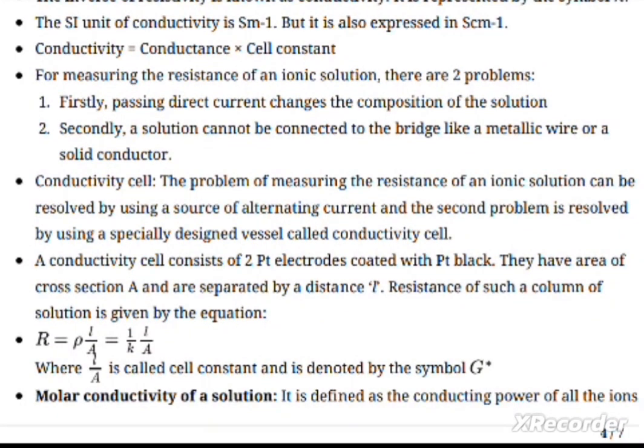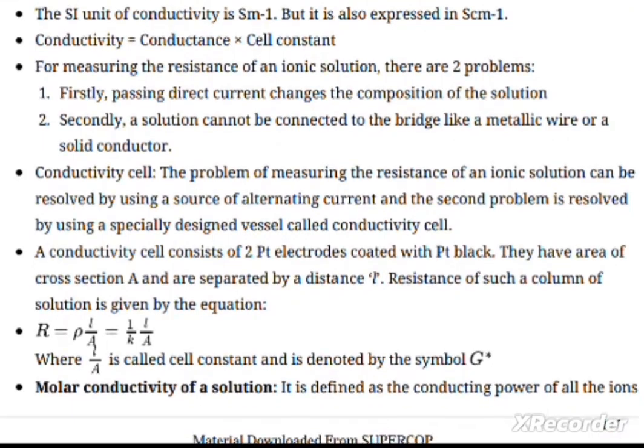What does conductivity cell mean? The problem of measuring the resistance of an ionic solution can be solved by using a source of alternating current. And the second problem is resolved by using a specially designed vessel called a conductivity cell.